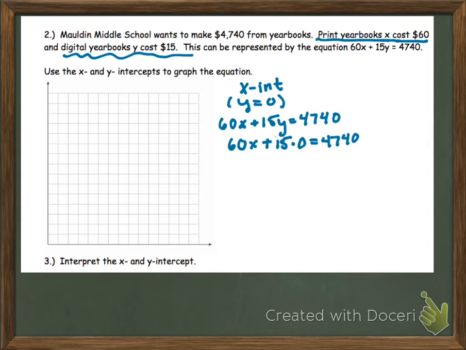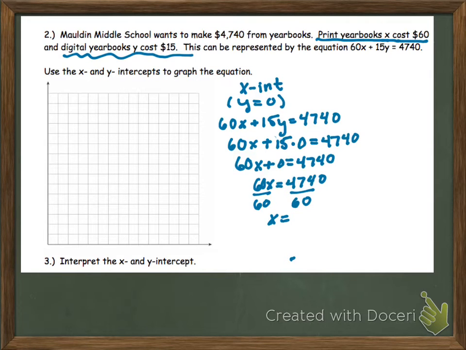And that's going to give us 60x plus 0 is equal to 4,740, or 60x equals 4,740. And we would divide both sides by 60 to find the x. And that's going to give us 79. So our x-intercept is (79, 0).